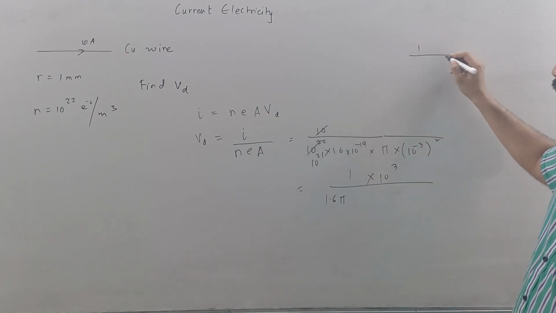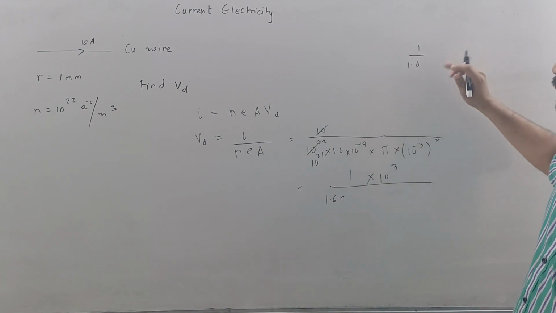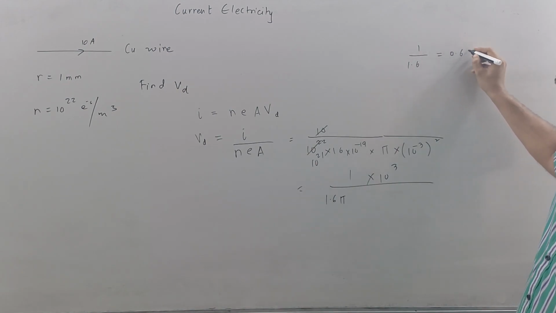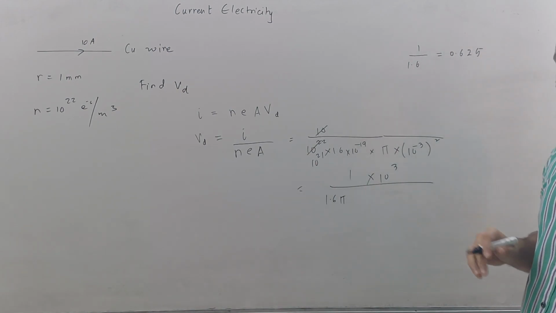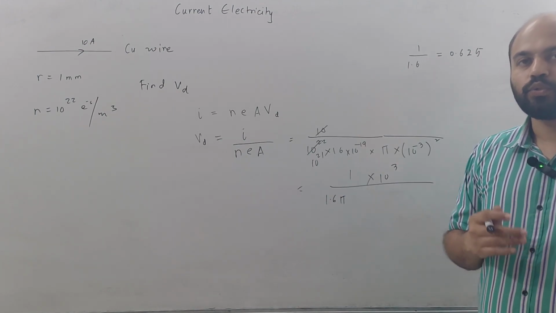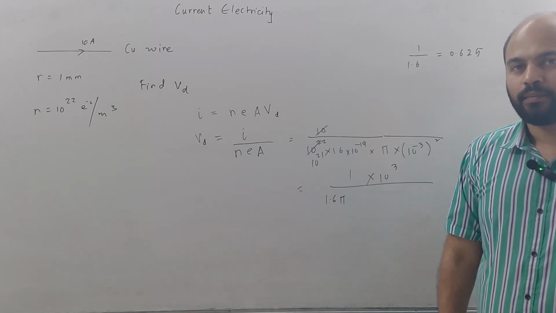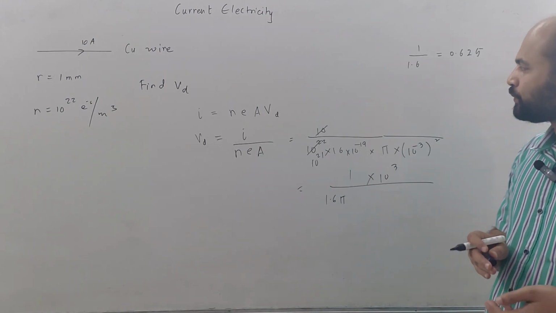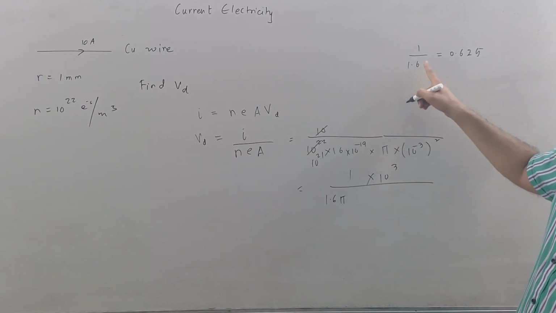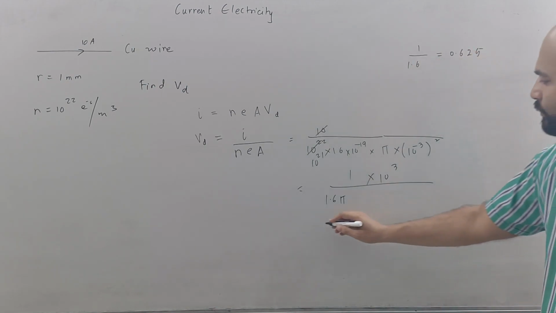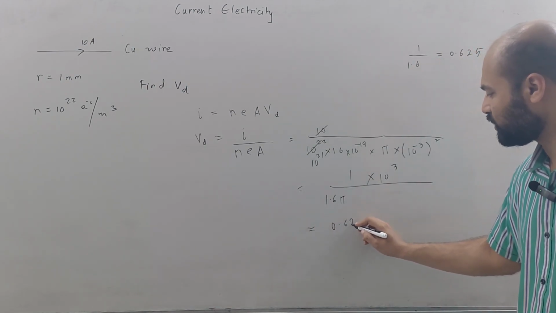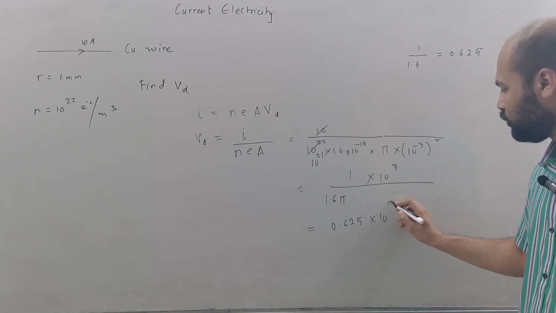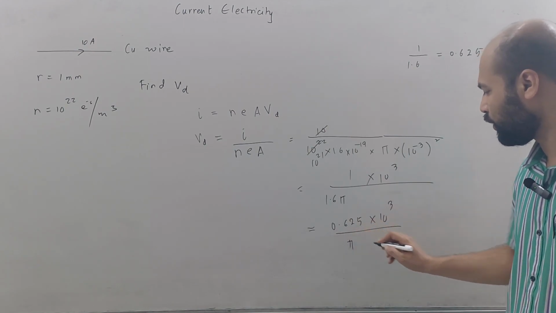Now 1 by 1.6, this factor is nothing but 0.625. This factor comes often, and you will see it coming in electrostatics when you're trying to convert charge to the number of charge carriers. So 1 by 1.6 is 0.625. If that is so, then 0.625 into 10 raised to 3 divided by pi is what you get.